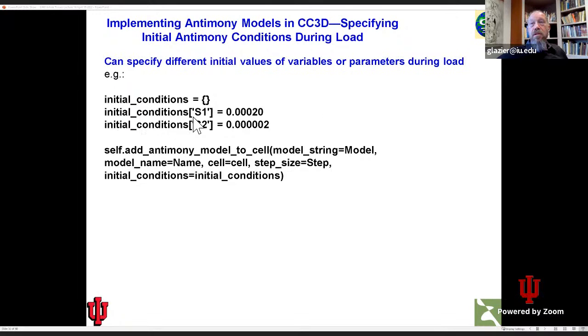Initial underscore conditions, variable S1 equals whatever, variable S2 equals whatever. And we add to antimony model load, initial conditions equals, and then that. That will overwrite whichever variables or parameters we specify. The ones that we don't specify will use the defaults that were given in the model specification.